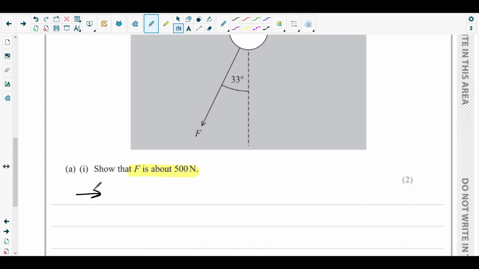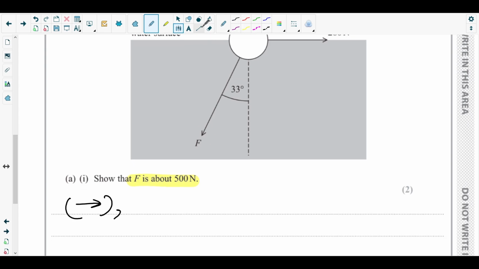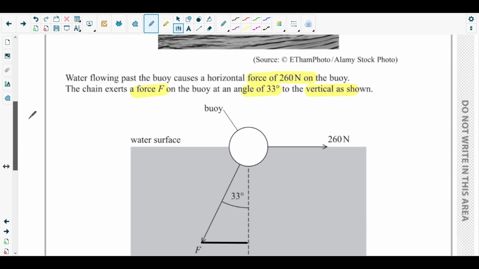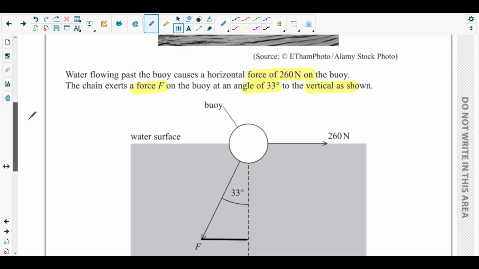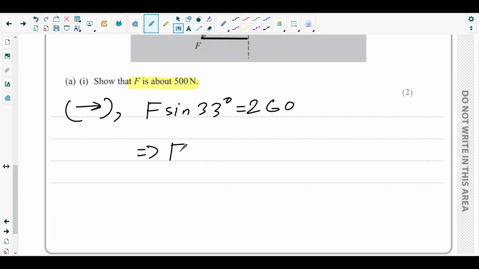If you consider the forces horizontally acting on the buoy, the horizontal component of the force F is F sine 33 degrees. F sine 33 degrees equals 260 Newton, the horizontal force acting due to the water current. So the value for F is 260 over sine 33 degrees.